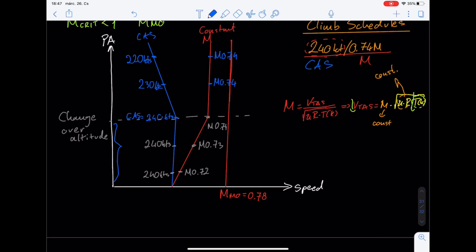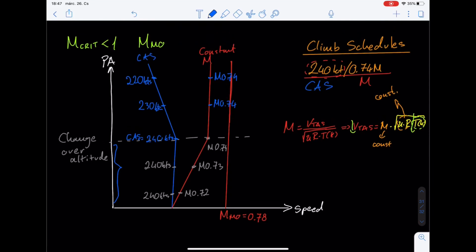And you also have a Mach meter, which is indicating to you the Mach number, and it's going to be continuously increasing. The climb schedule isn't given to you with a specific changeover altitude, because we're going to see that this changeover altitude is not a constant altitude. So it's not, you know, like 10,000 feet, but it can be different based on the calibrated airspeed and the Mach number which you want to maintain.